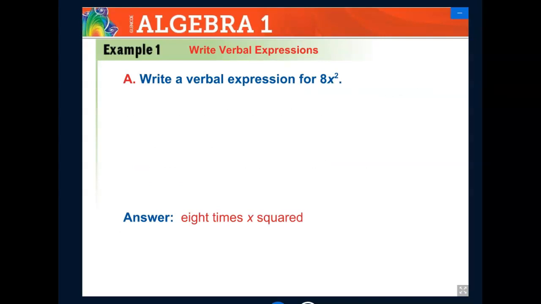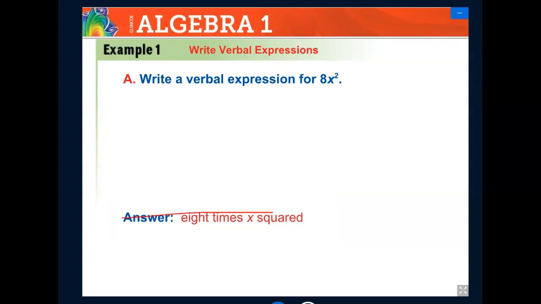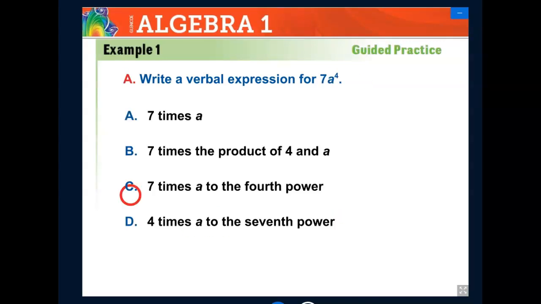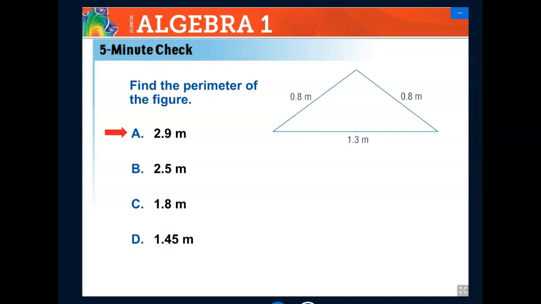Yeah, it's adding up all the outsides, then it's like taking 0.8 plus 1.3 plus 0.8 and adding it all up on your calculator to get 2.9.